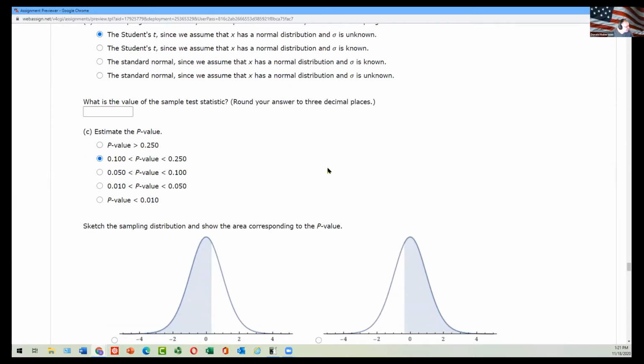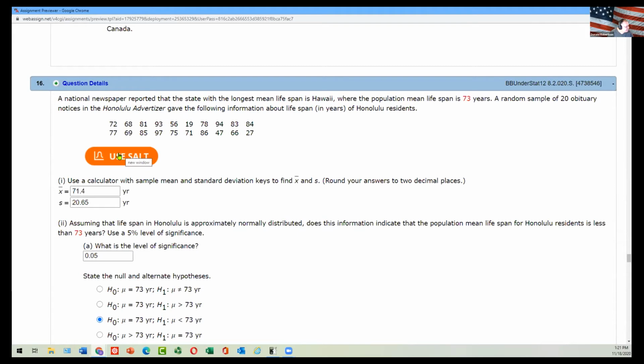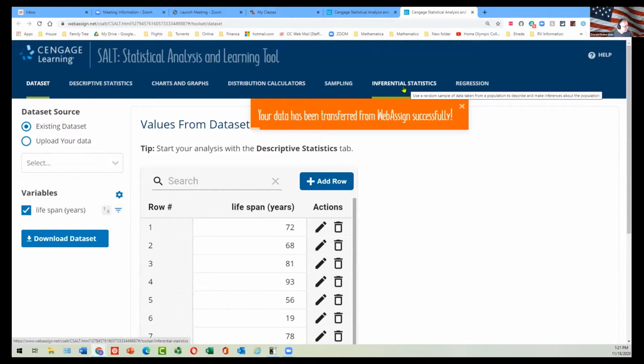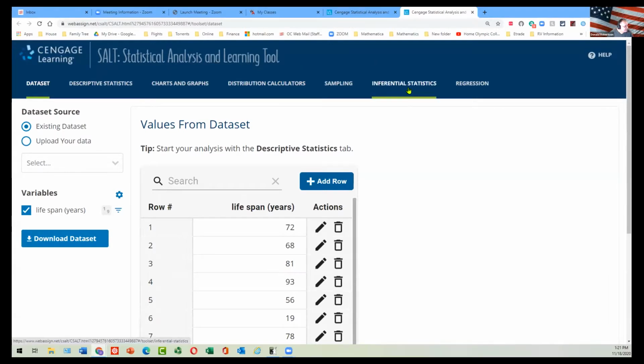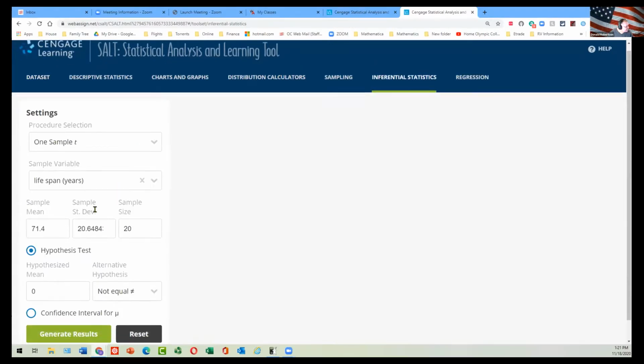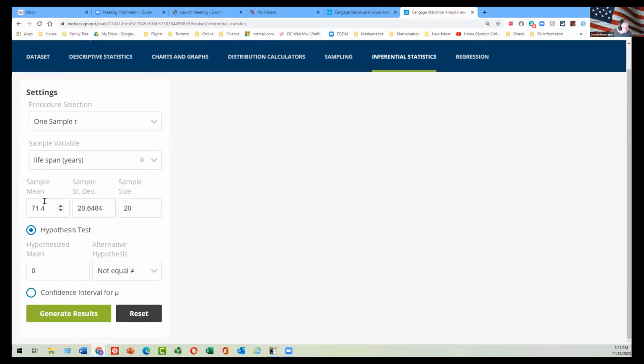These two guys here are going to come by using SALT again. So let it finish doing its thing. Inferential statistics. There's the mean. There's the standard deviation. There's the sample size. The number that we're trying to test was, I believe, 73.